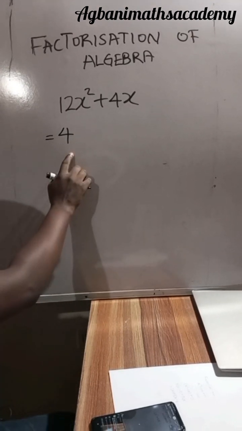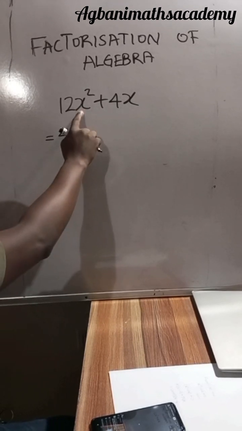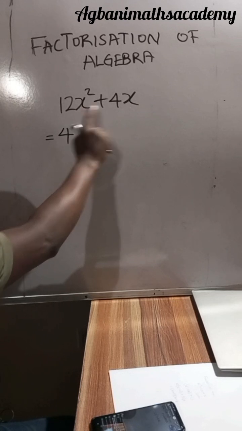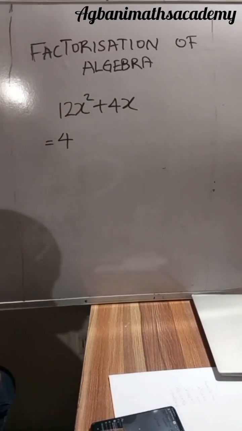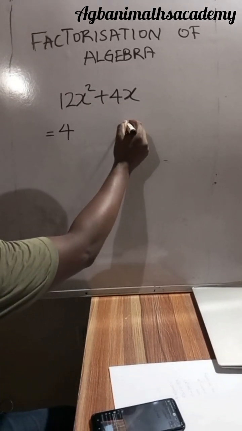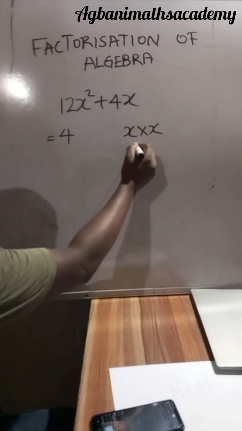So we bring that outside the bracket, and then we look at the alphabets. Here the alphabet is x squared, and here the alphabet is x. So what is common between x squared and x? X squared is the same thing as x multiplied by x, while x is just simply x.